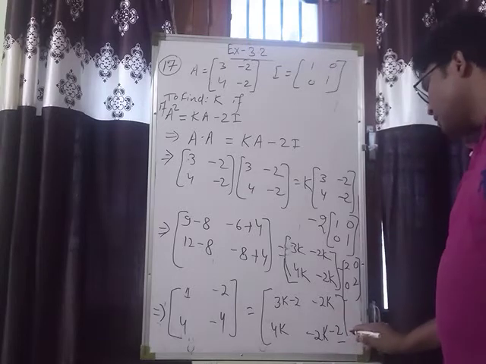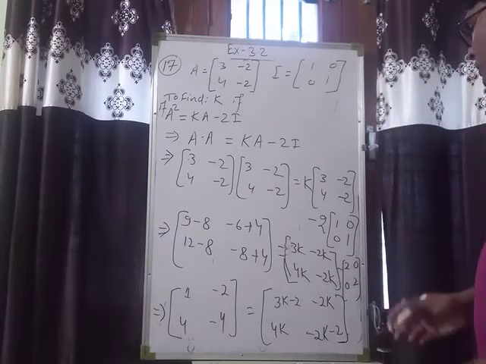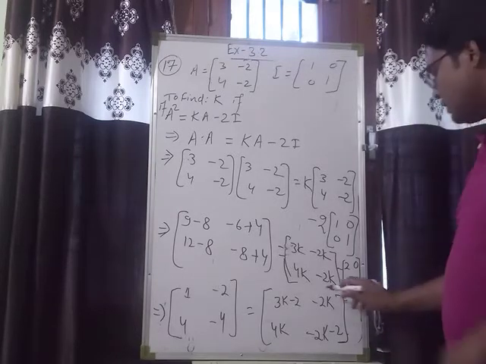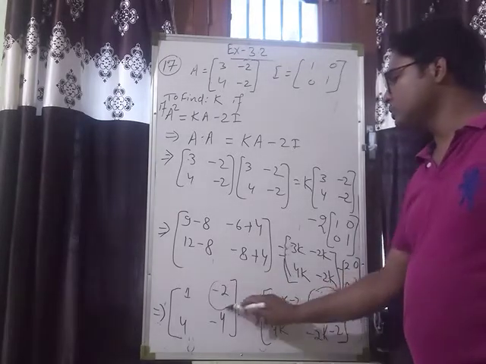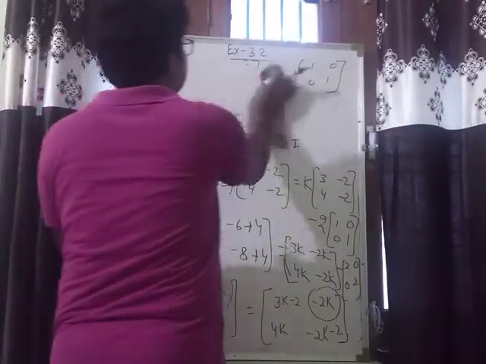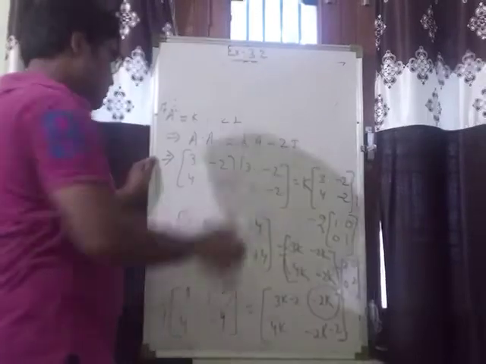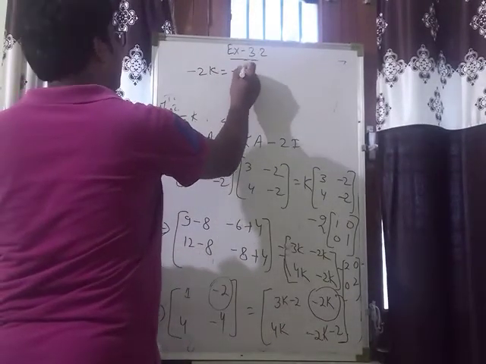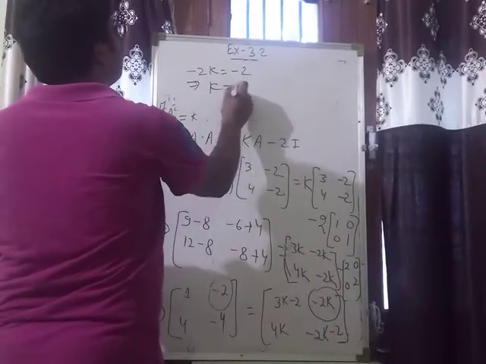Now two matrices are equal only when their corresponding entries are equal. Clearly this one will be equal to this one. So from here we get minus 2k is equal to minus 2. Clearly k will be equal to 1.